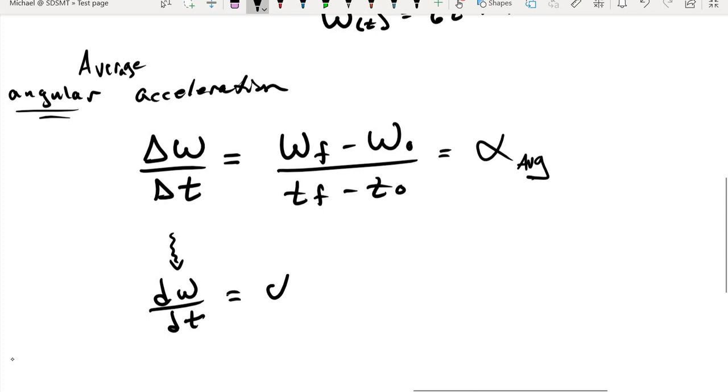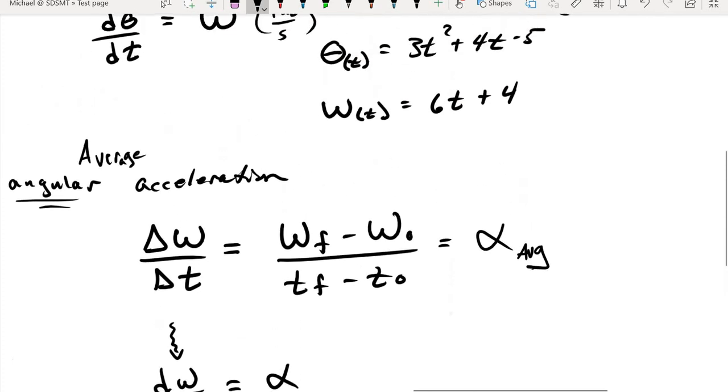If we want the instantaneous, then we need to have some kind of time-dependent function for the angular velocity so that we can take a derivative with respect to time. And right up here, we have just such a function. Let's hit that with a derivative and produce a function for the angular acceleration.